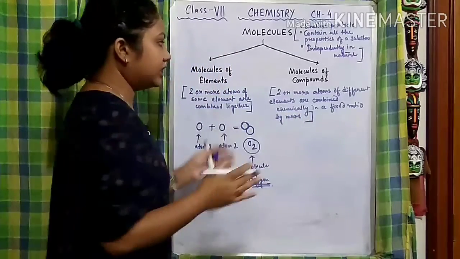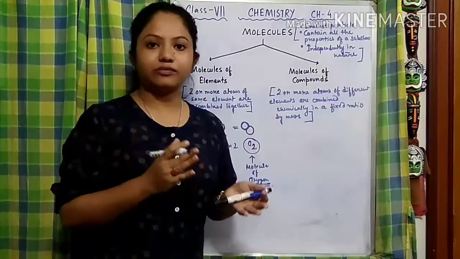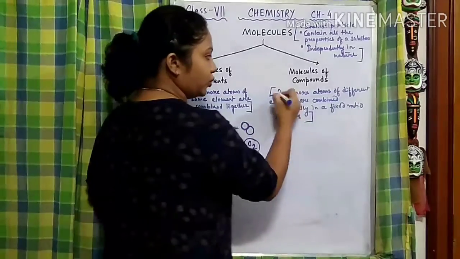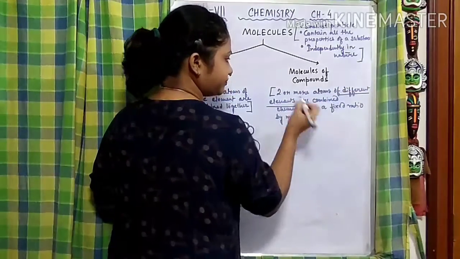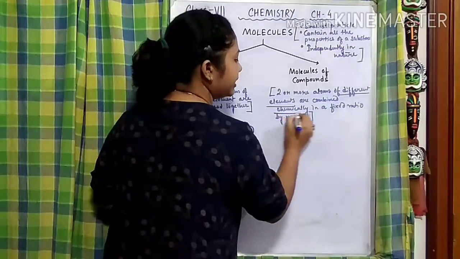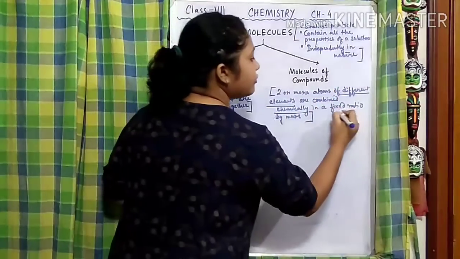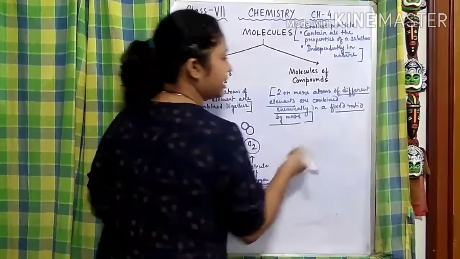Okay. So what are the conditions for becoming the molecule of a compound? First of all, two or more atoms of different elements should be there, and they should be combined chemically in a fixed ratio by mass.